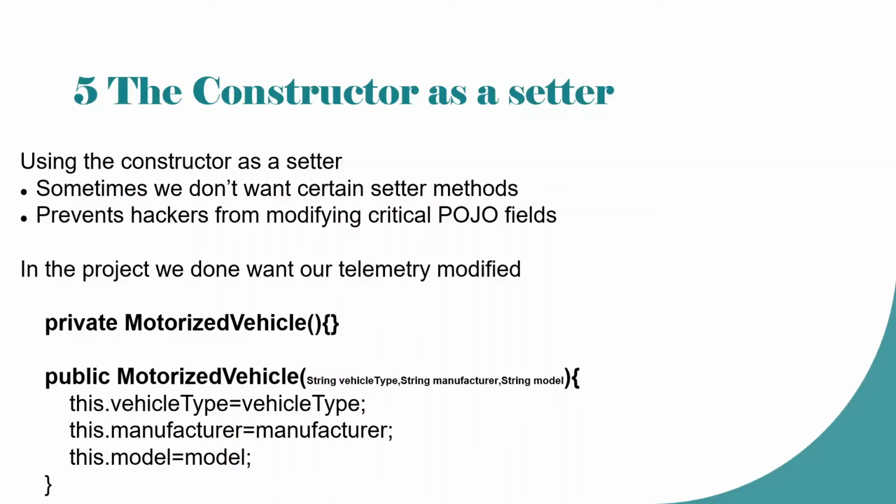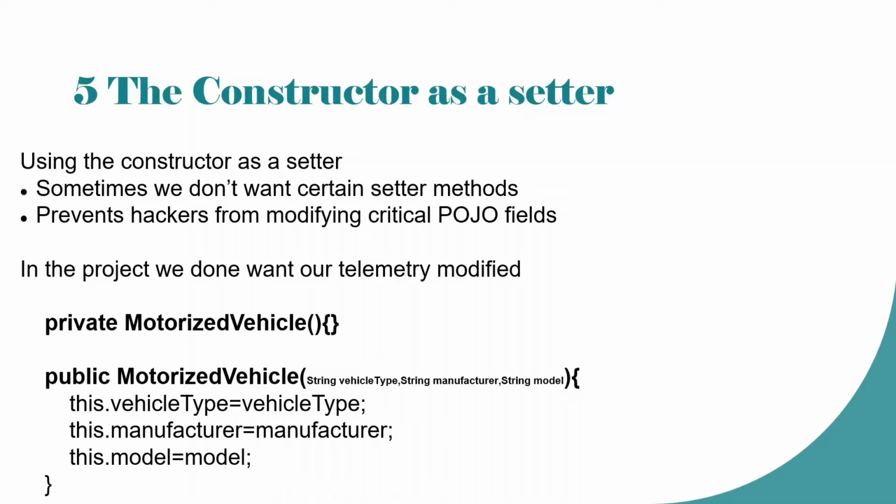There comes a time when you want to do financial transactions or financial applications or applications that have tight security. And creating POJOs to store transactions in can be dangerous.